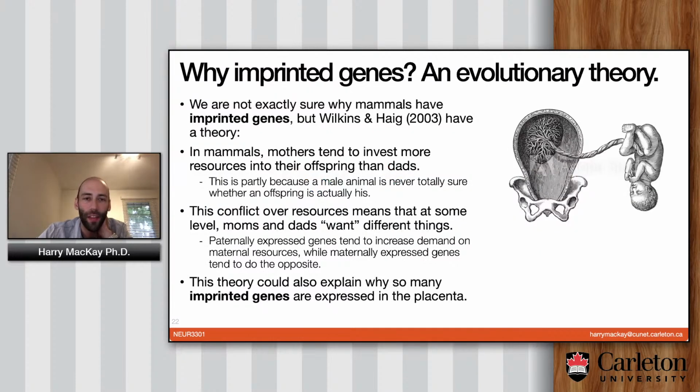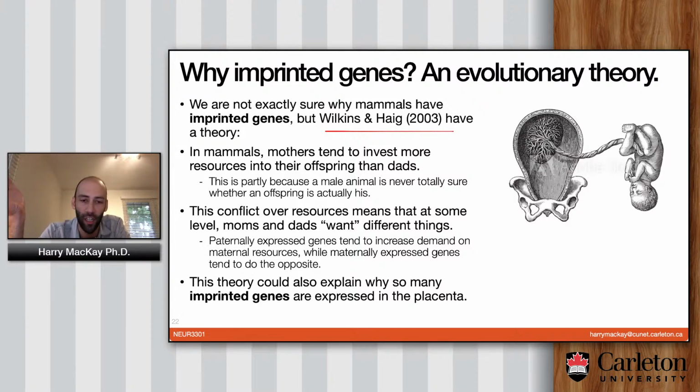And you might ask, well, why would this ever happen, right? It's kind of a weird phenomenon. You would think, why wouldn't you have biallelic expression for everything? Well, we're not really sure why, but a few people have come up with reasons. Wilkins and Haig are two, and they basically argued this. Moms tend to invest more resources into their offspring than dads because a male animal really doesn't have to do any investment at all.